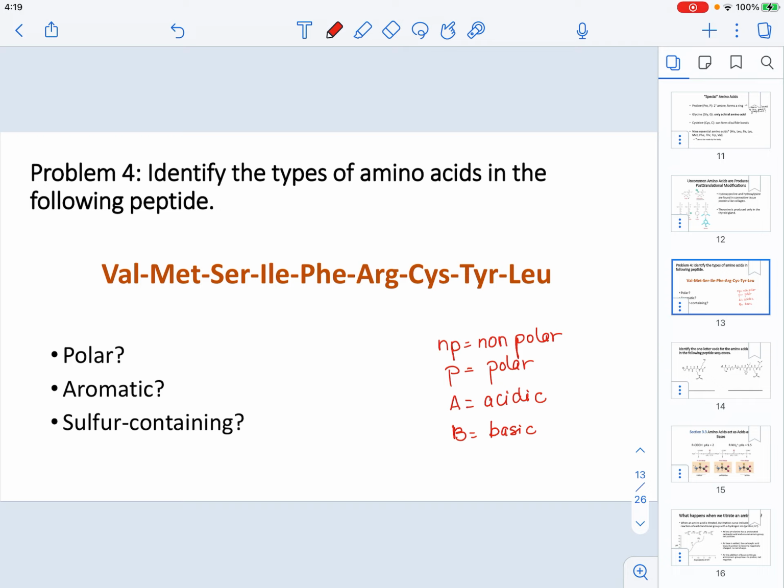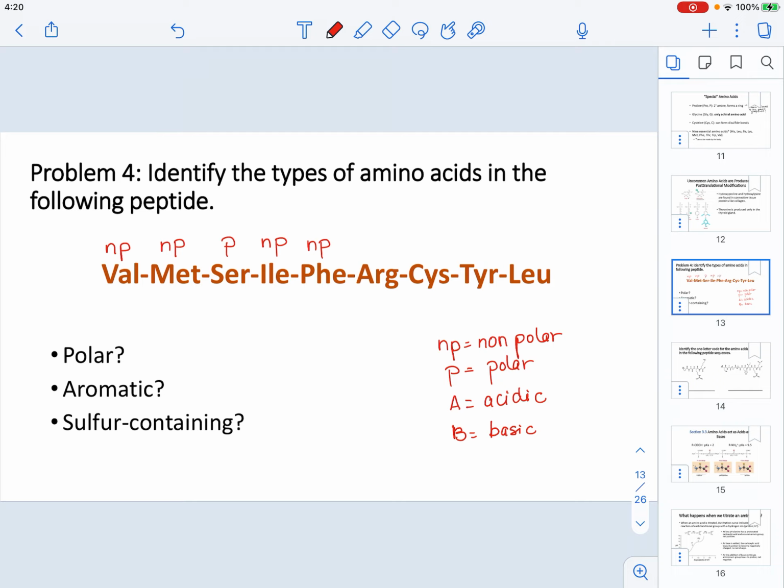As you can see, first we have valine. Valine is going to be one of our nonpolar aliphatic amino acids. We have methionine, which is also part of the nonpolar aliphatics. We have serine, which is part of the polar amino acids. We have isoleucine, which is nonpolar. We have phenylalanine, which is also going to be nonpolar.